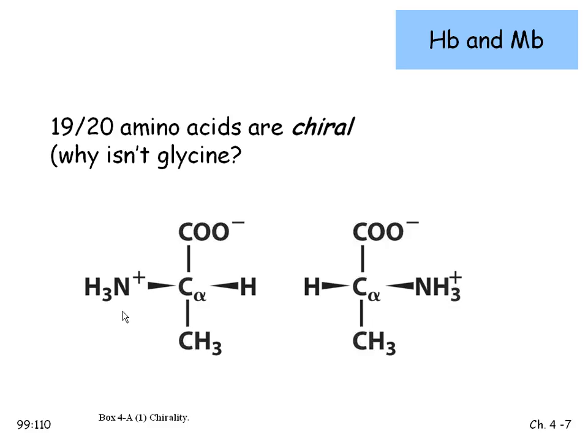As long as you have four different things hanging off of that carbon, it can be chiral. It will have mirror image variations. Glycine, on the other hand, is not chiral, because with those two hydrogens, you can't tell one from the other, and so there's no way to have a left and right-handed. Glycine is the mitten of the amino acids, as opposed to the gloves of the rest of them.